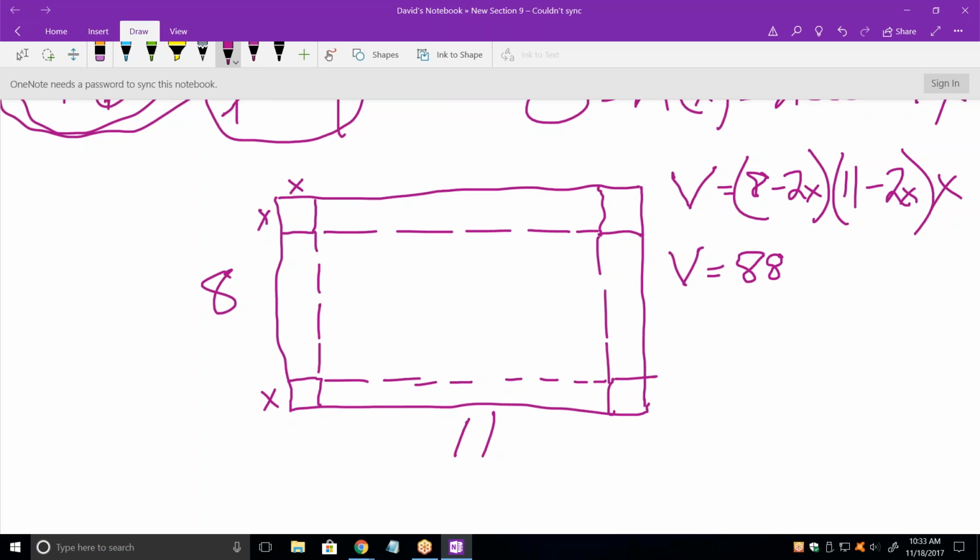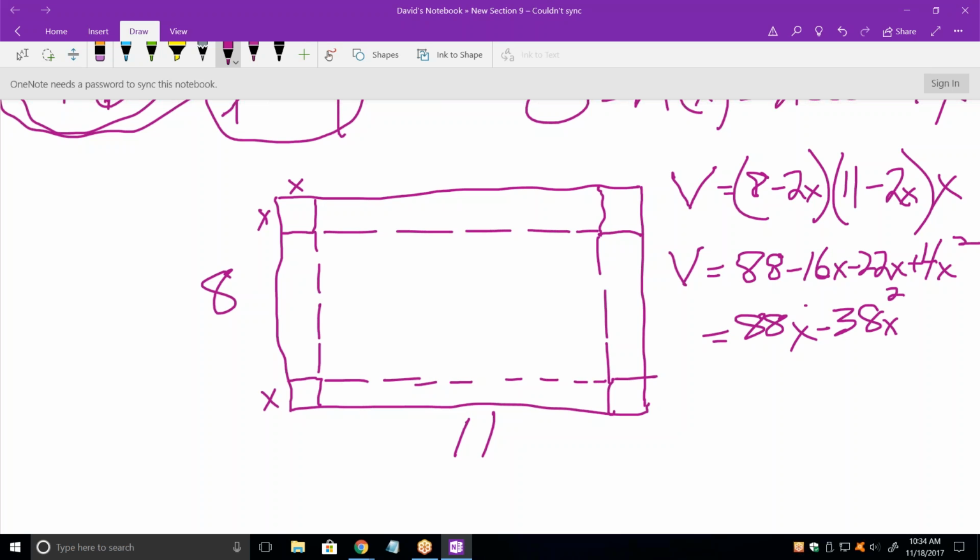Let me see if I can do this. And then multiply all of that by x, you get 88x. What is that? That's minus 38x, so that becomes minus 38x squared.